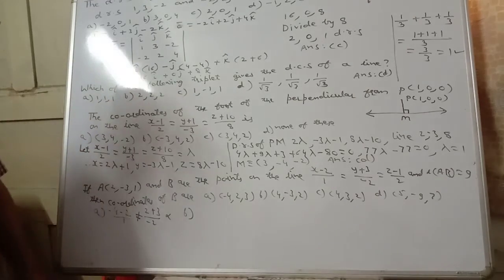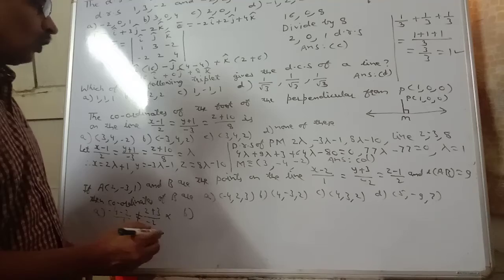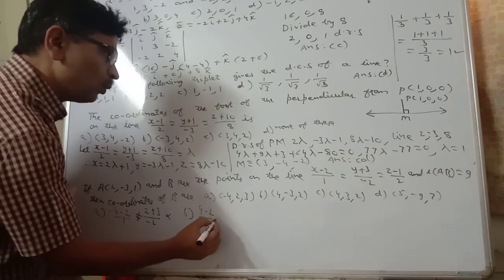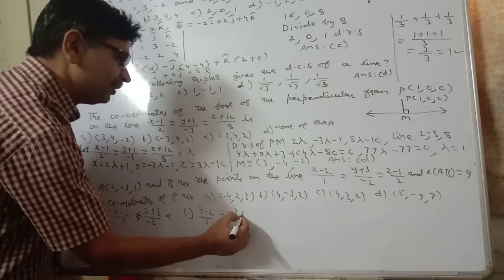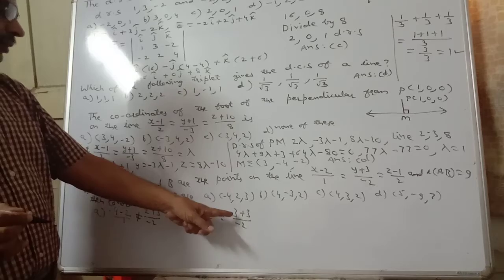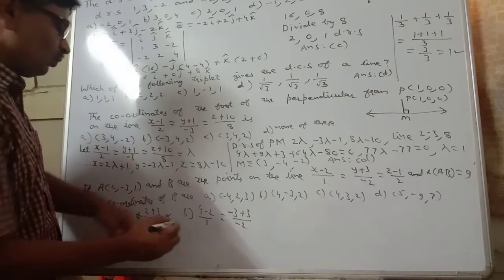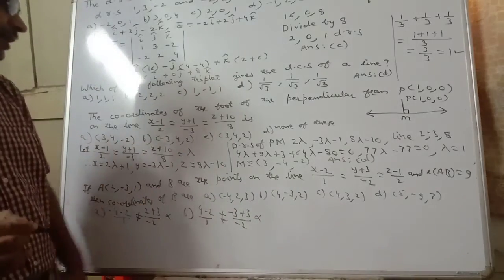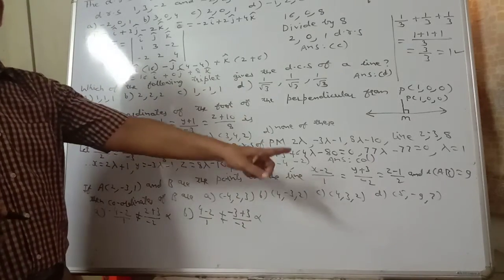Option B, put x equal to 4. 4 minus 2 upon 1 equal to minus 3 plus 3 upon minus 2. This is 0. 4 minus 2, 2. Not equal. It means that this point also does not lie on the line.